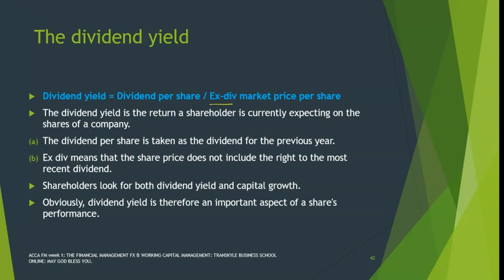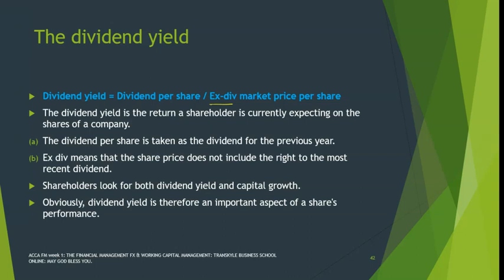After the dividend has been paid, there is an expectation that the share price would move, usually downwards. So we want to determine the dividend yield after a dividend has been paid.